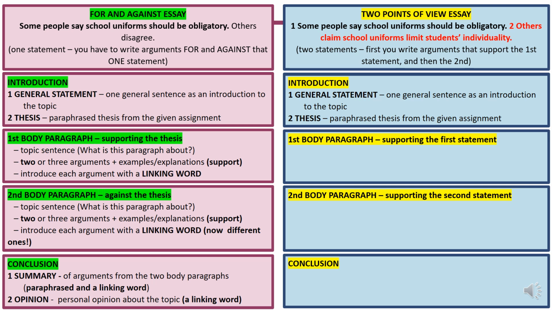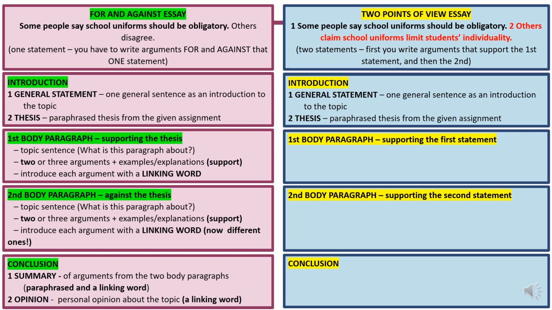Be careful here with 2 points of view essay, because with general statement you have to combine everything that is mentioned in both of these points of view. So school uniforms obligatory, you have to mention also individuality. So be careful about that. And you have to paraphrase the thesis, so both of these statements need to be paraphrased, so be careful about that.